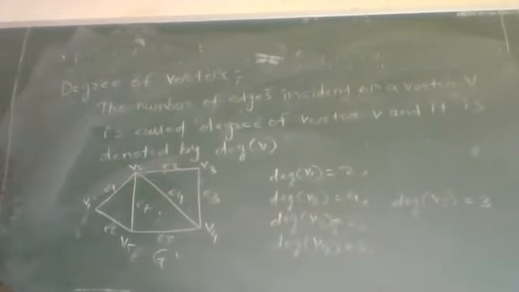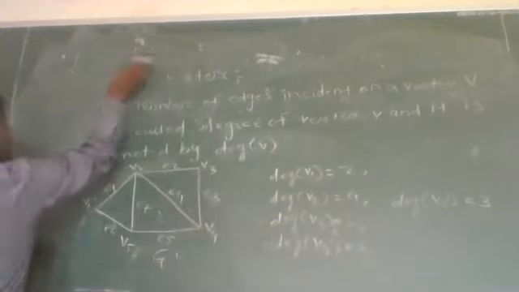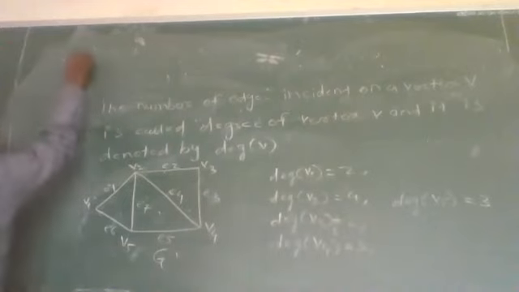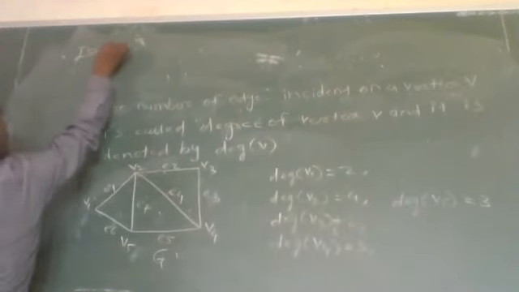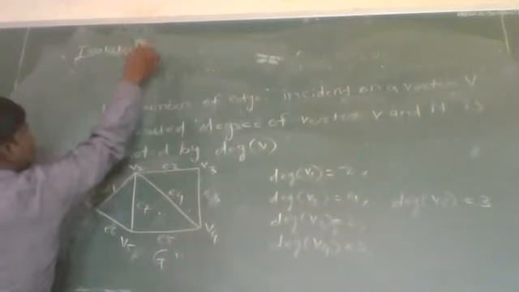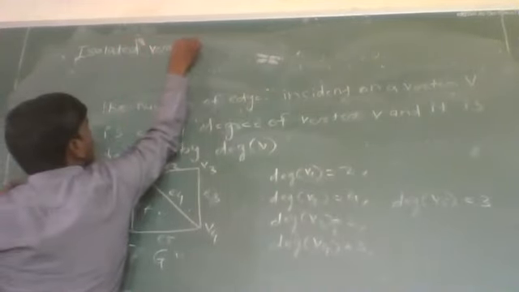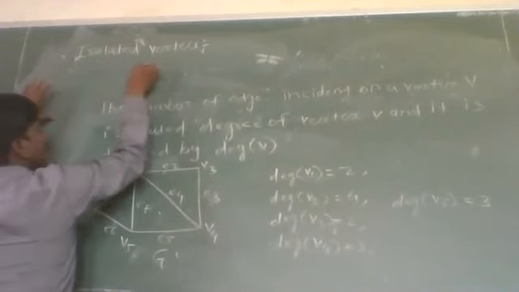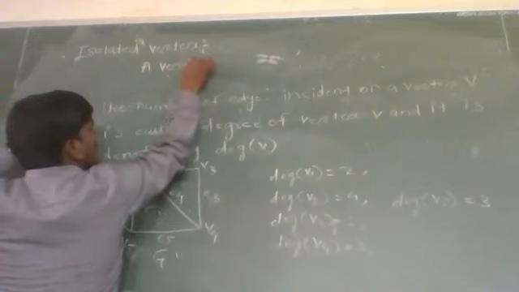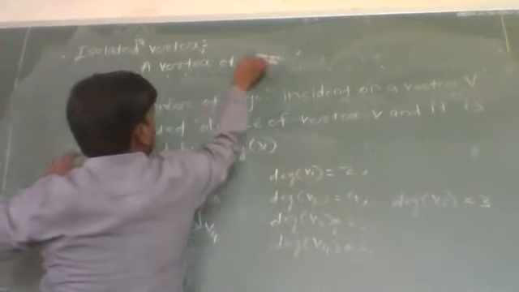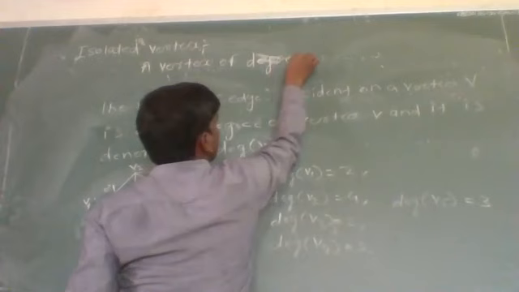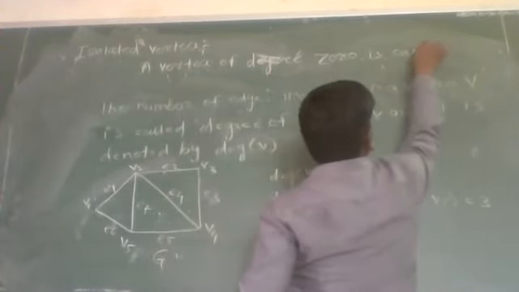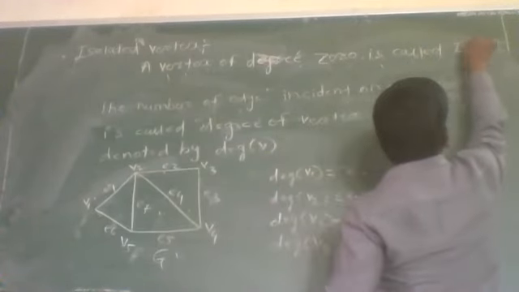Okay. Now, let us see what is an isolated vertex. A vertex of degree 0 is called an isolated vertex.